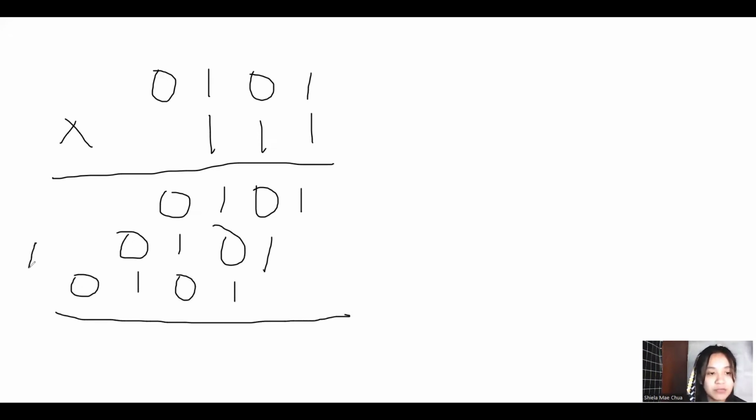I hope you understand why we just copy this in here. So 1 is brought down, 0 plus 1 is 1. 1 plus 0 plus 1 is 1, 0. 1 plus 0 plus 1 plus 0 is 1, 0. And 1 plus 0 plus 1 is 1, 0. 1 plus 0 is 1. So our answer is 100011.